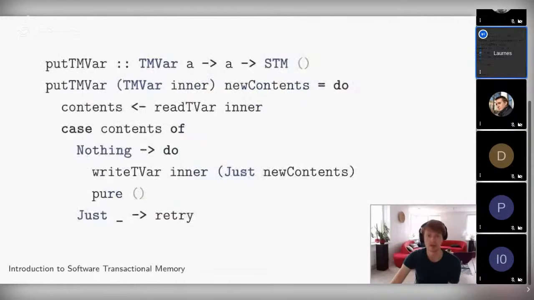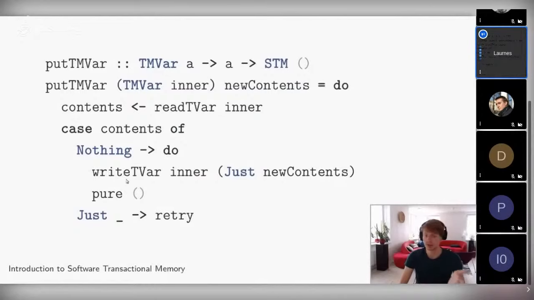Yeah, and if you want to add something to the TMVar, in our TMVar module, we unwrap the newtype. We have the new contents to put in. We read the inner transactional variable. If it's a Nothing, then we're good. It's empty, and we can put something in this TMVar.